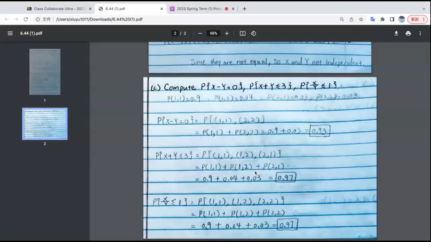So just add their probabilities, equal to 0.97, and the probability of x over y less than or equal to 1, which is (1, 1), (1, 2), and (2, 2). So just add their probabilities together, which is 0.97.